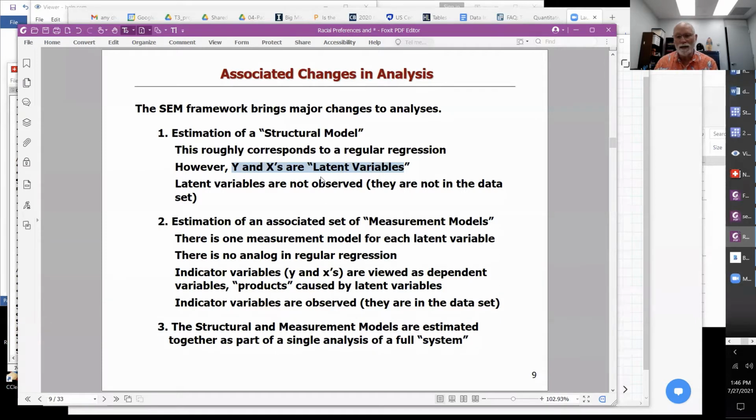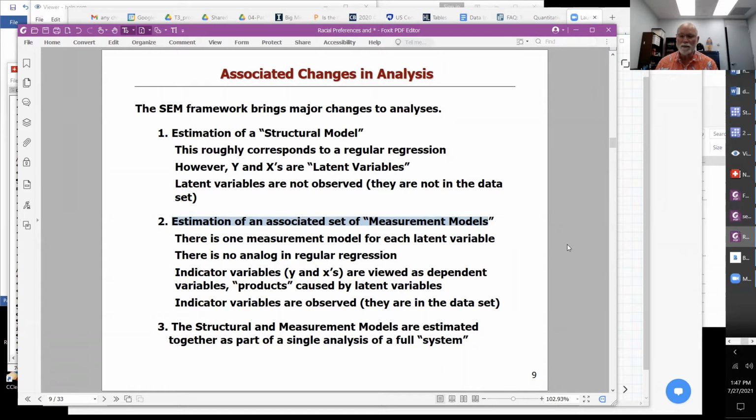So that means that we will then be thinking carefully about something called a measurement model. And the measurement model concerns how the latent variables are connected with our observed variables.